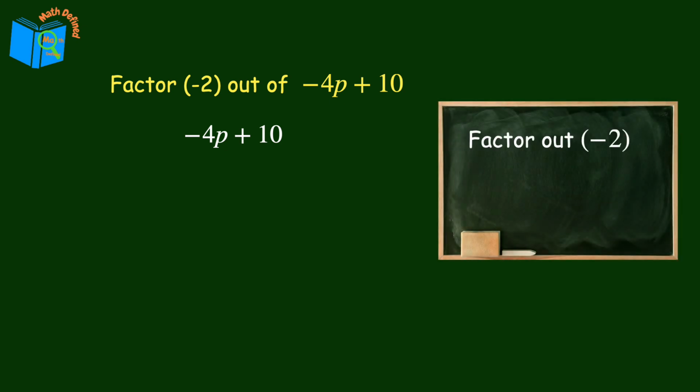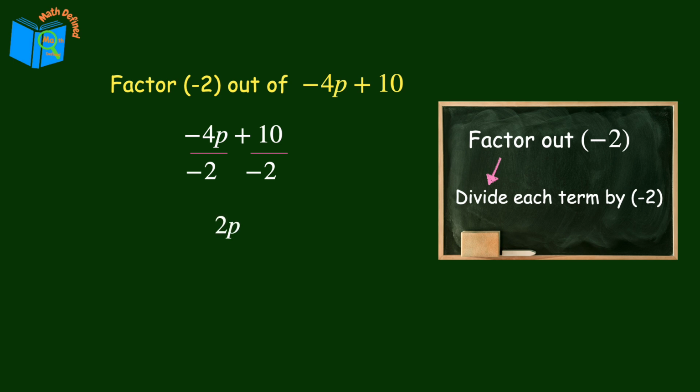And remember, factoring involves dividing, so we'll divide each term by negative 2. Starting with negative 4p, dividing it by negative 2 gives us positive 2p. And then dividing positive 10 by negative 2 gives us negative 5. We'll put these terms in parentheses with the factor we divided out, negative 2, on the outside, and we're done.